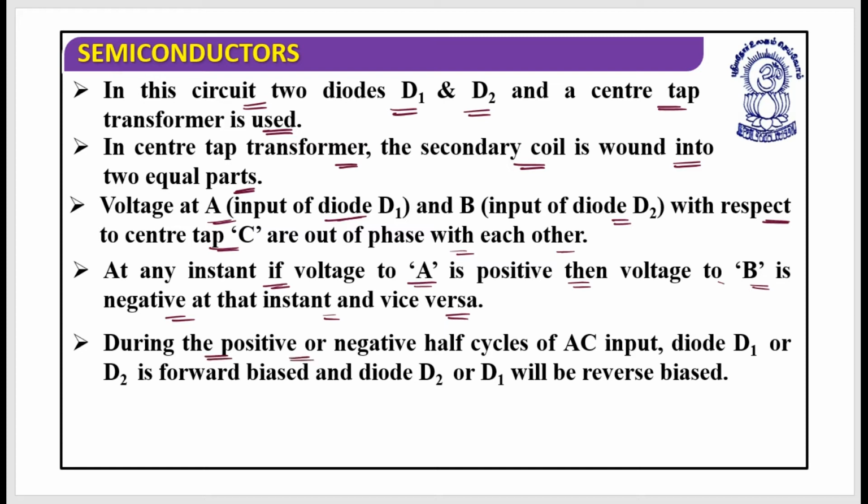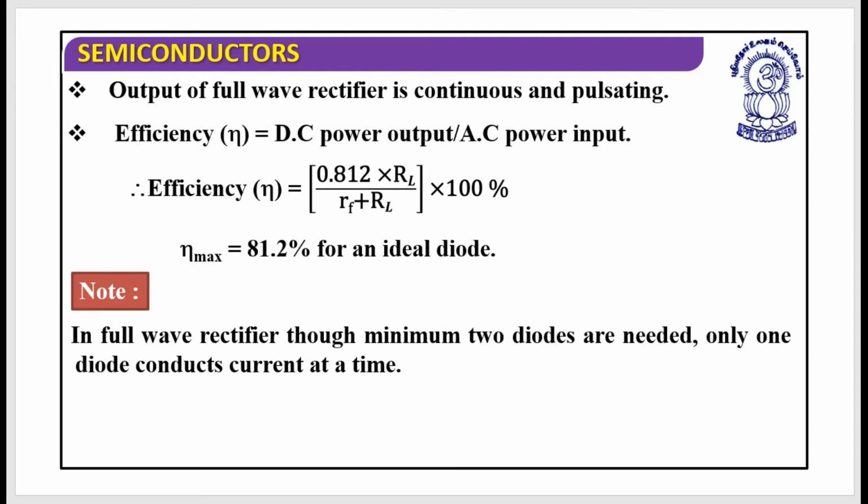So during the positive or negative half cycles of the alternating current input, diode D1 or diode D2 is forward bias, and diode D2 or D1 will be reverse bias. So alternately they become forward bias and reverse bias. The output of the full wave rectifier is continuous but again pulsating.